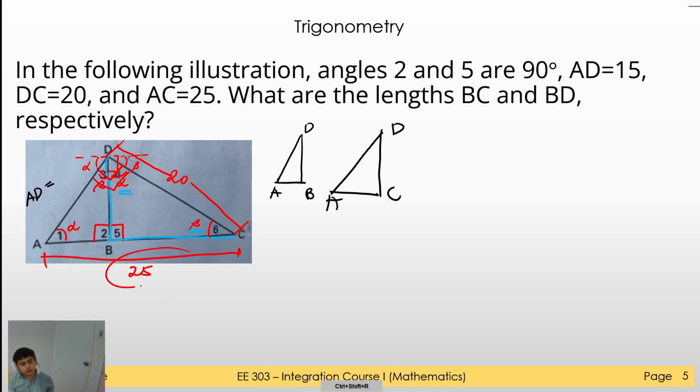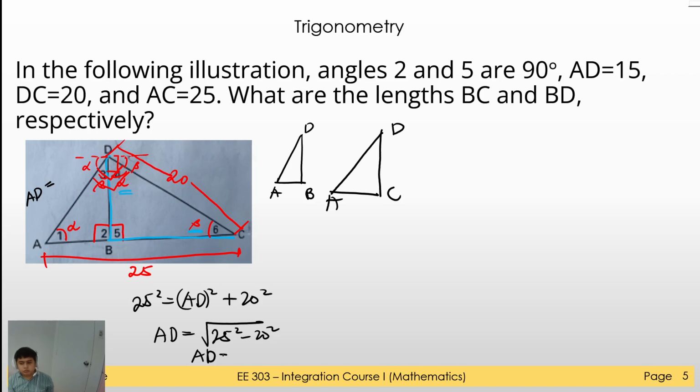Since this is the hypotenuse, we have 25 squared equal to AD squared plus 20 squared. So AD is equal to the square root of 25 squared minus 20 squared, which should be equal to 15. So we know that AD is 15.